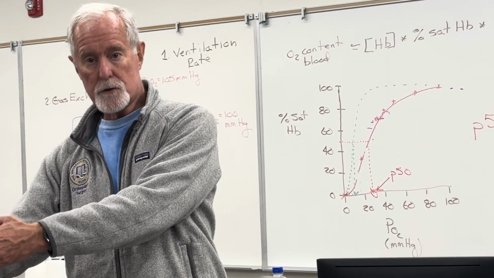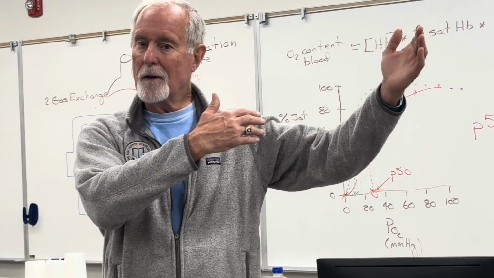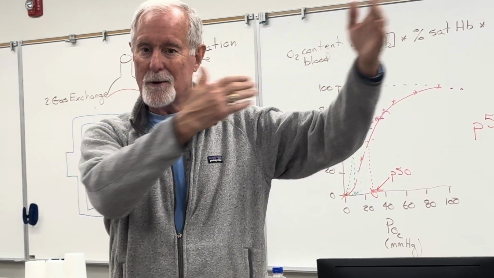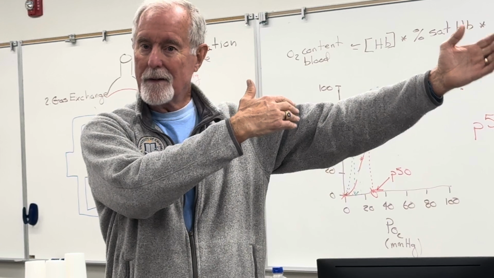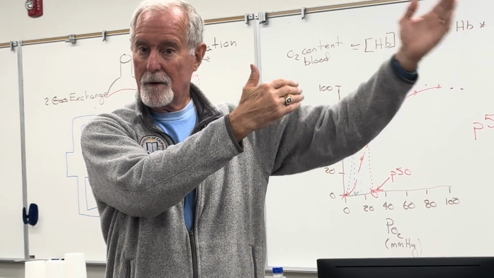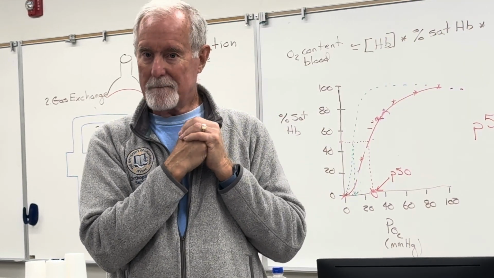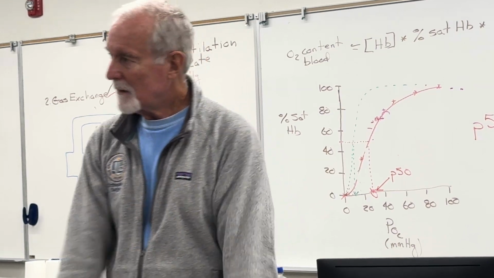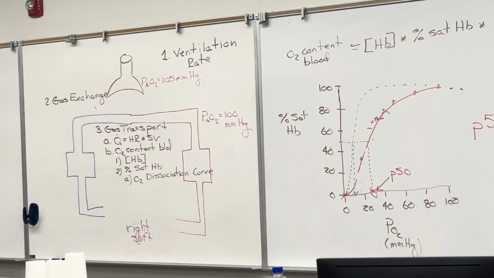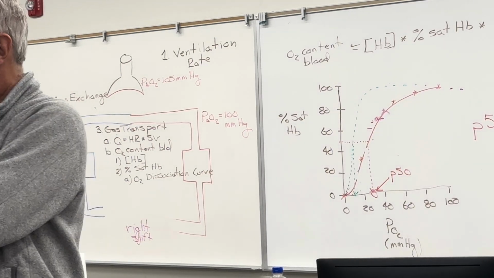So the P50 changes there. At the level of the lungs, the O2 dissociation curve shifts to the left, and there the P50 is lower. Does that help you? Yeah, the chemical equation on the board, that equation is happening in the blood.